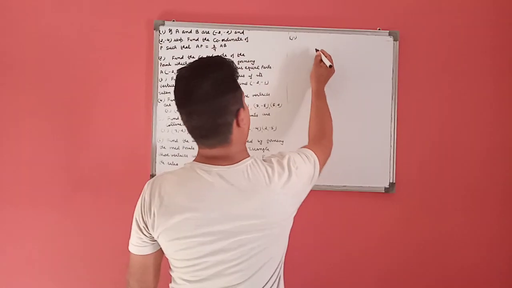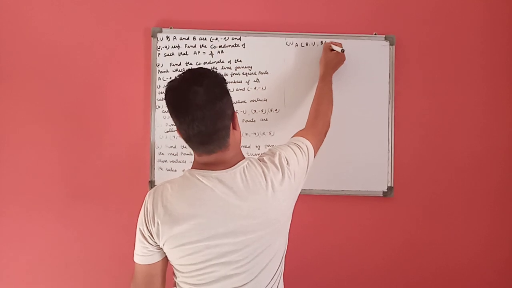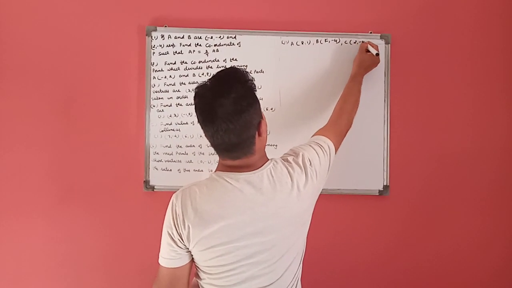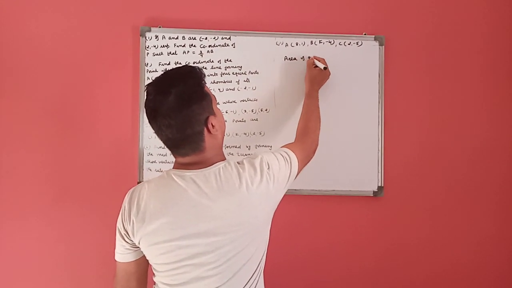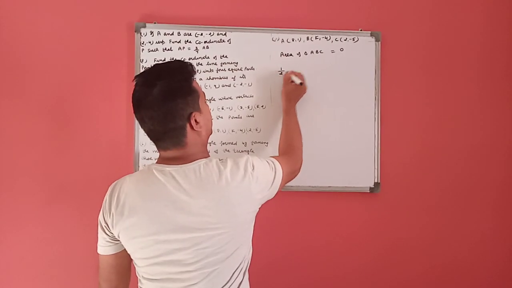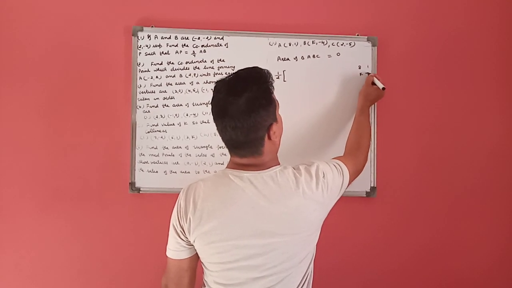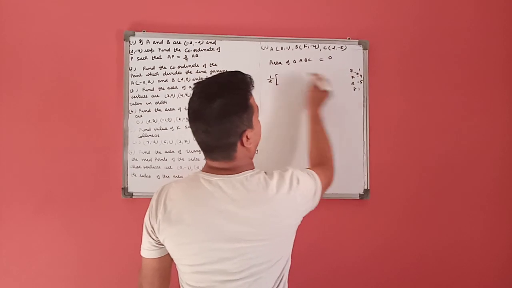Part 2: coordinates of A are (8, 1), B are (k, -4), C (2, -5). As we know, these points are collinear, so the area of triangle ABC equals 0. 1/2, coordinates of A are 8, 1, B are k, -4, 2, -5, 8, 1. This is the simple way.